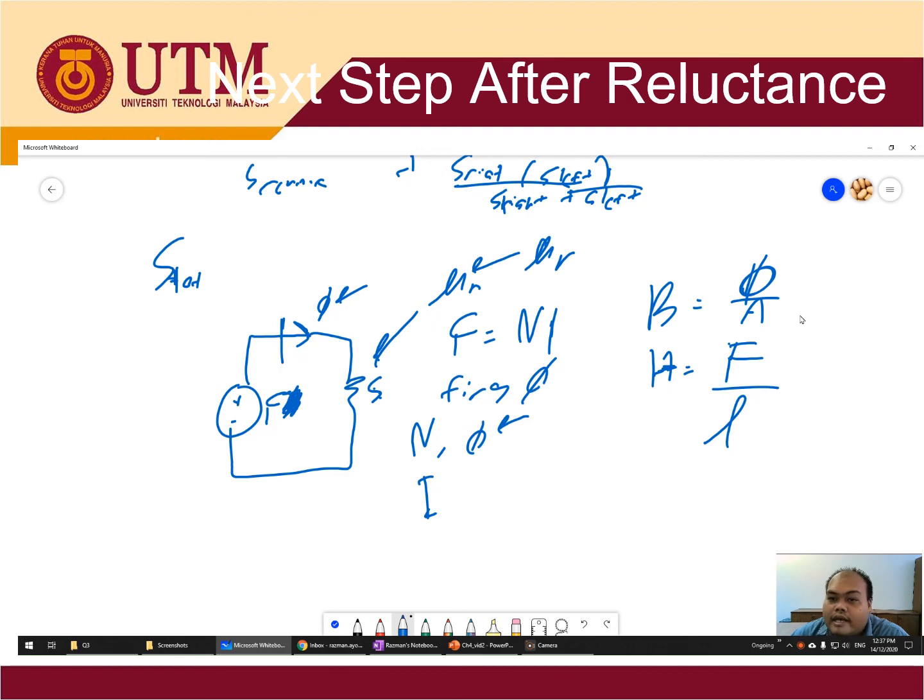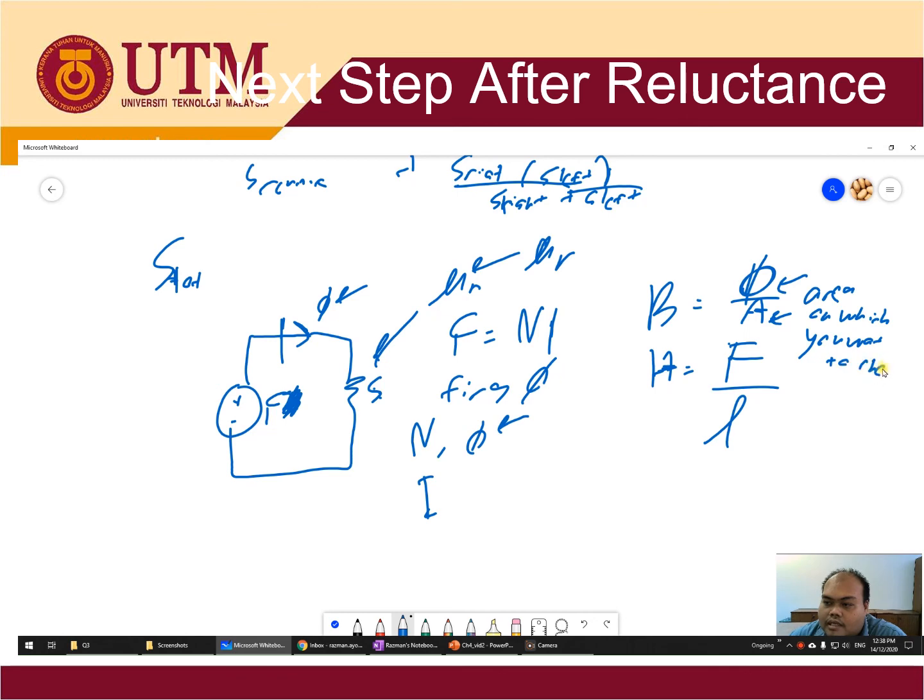The area is where you check the B. If the area is different for each place, make sure you use the flux and the area at that place. For series, no need to worry because the flux is only one, but for parallel, the flux is different, so you have to know where you want to check B and use the area there.